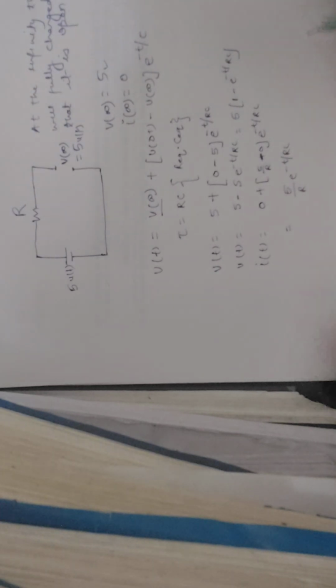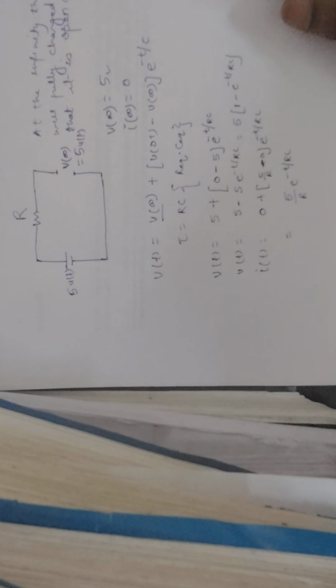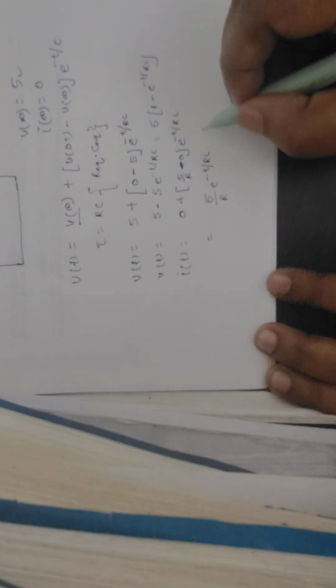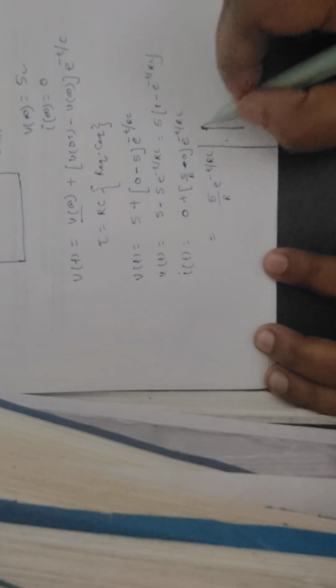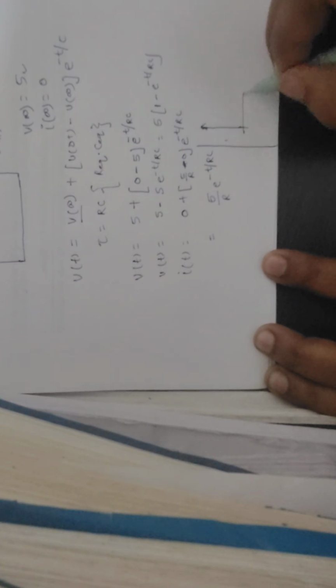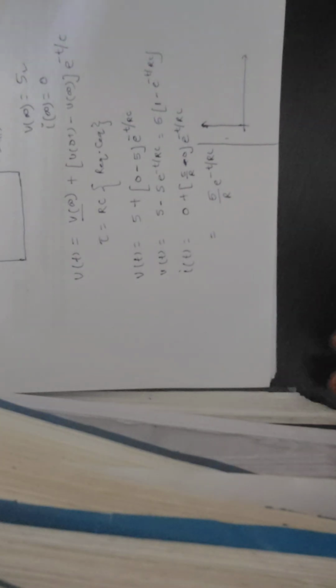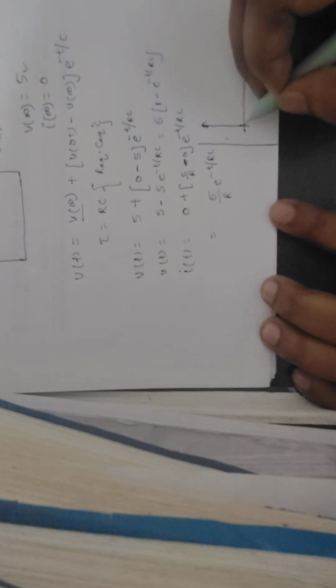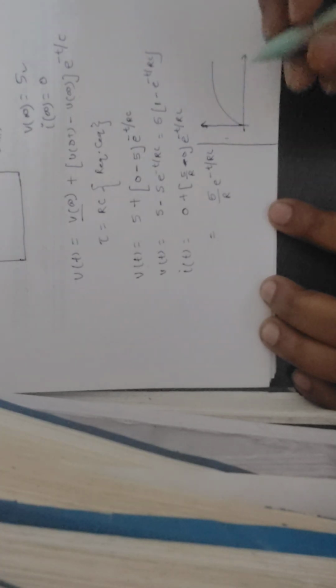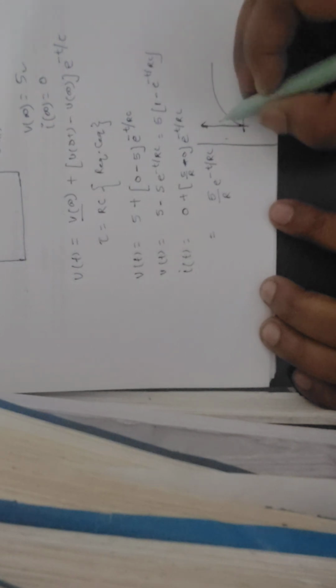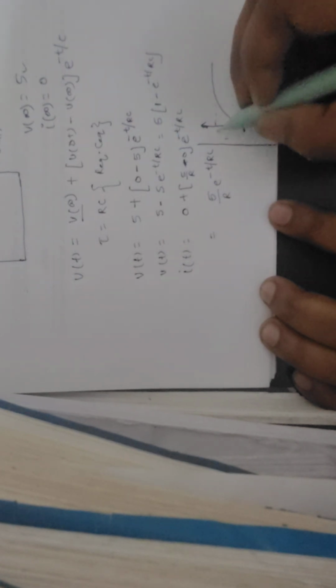So if we analyze the voltage and current by the graph, we can see that my capacitor starts to charge from 0 to 5 volt.